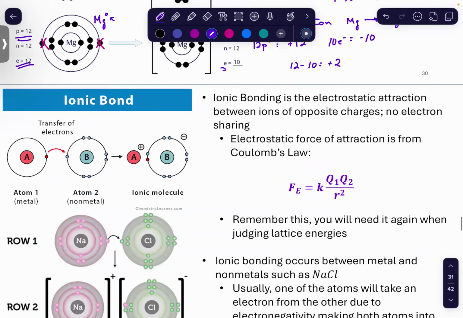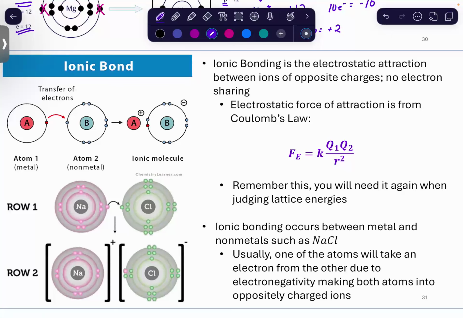So that brings us to ionic bonding. An ionic bond is not going to be like the covalent bond. We're not looking at sharing electrons here. Usually what happens is you're going to have two atoms come close to each other, and one atom will take an electron from the other atom.